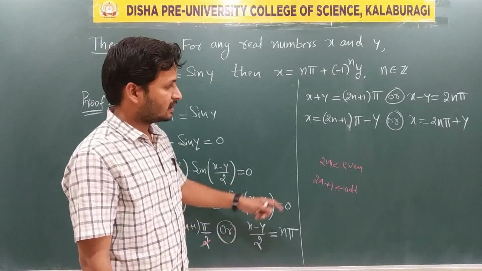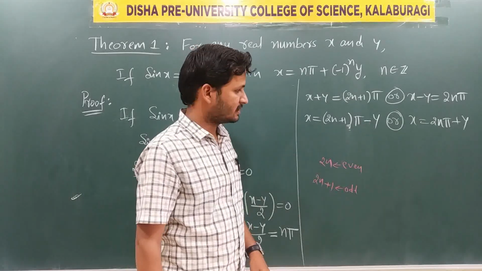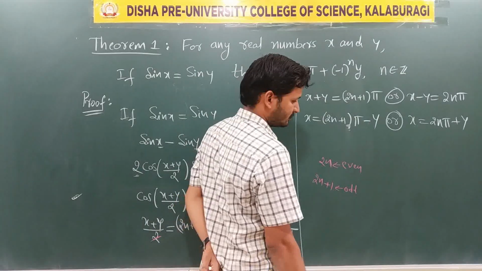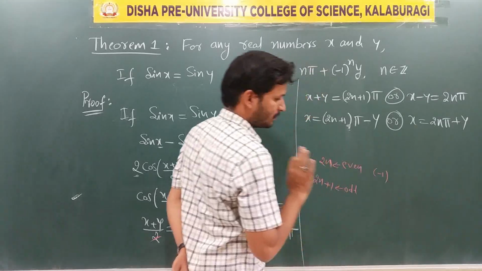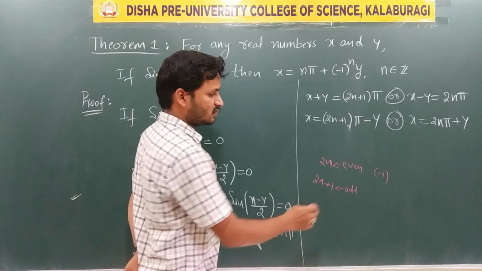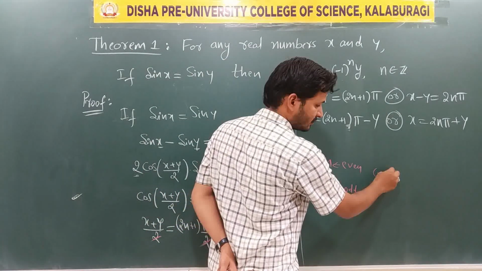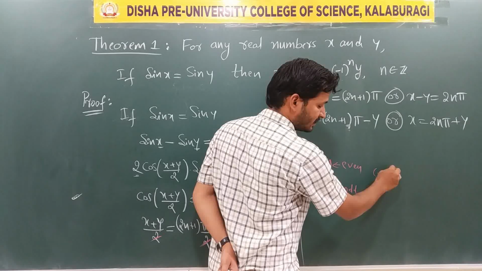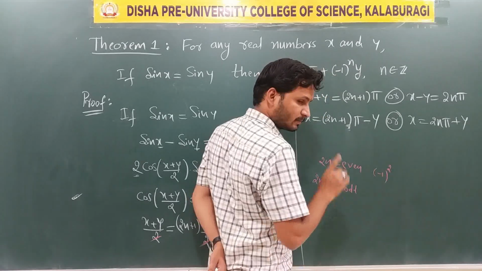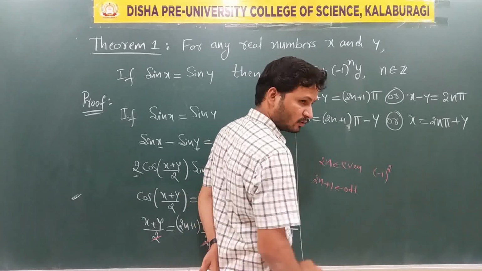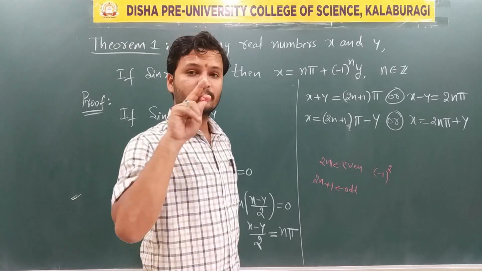Here minus is there. Correct? Assume that it is minus 1. Minus 1 to the power of an even number is always plus 1: minus 1 to the power 2 is plus 1, minus 1 to the power 4 is plus 1.